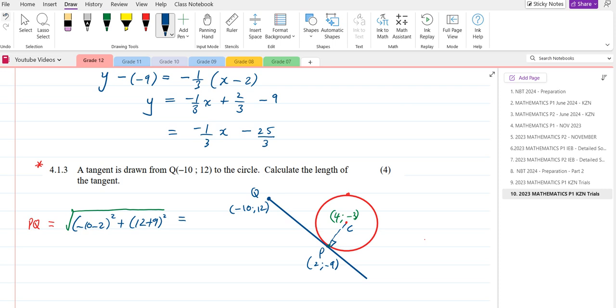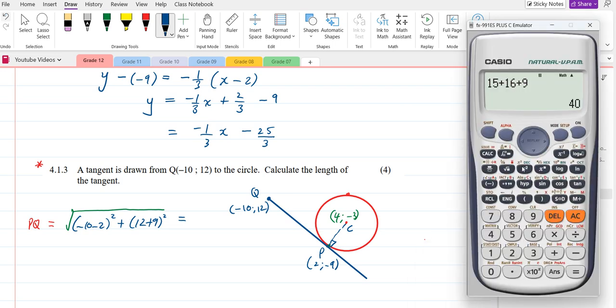So the distance PQ, right, so that's quite big values. This is basically minus 10 minus 2, so minus 12 squared, plus 12 plus 9, and you can enter the whole thing in the bracket, so 12 plus 9 and square that. I'm getting an answer of 3 root 65.